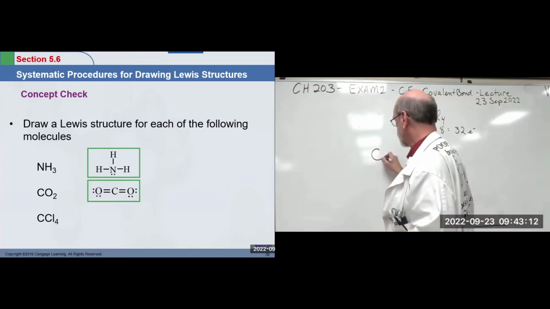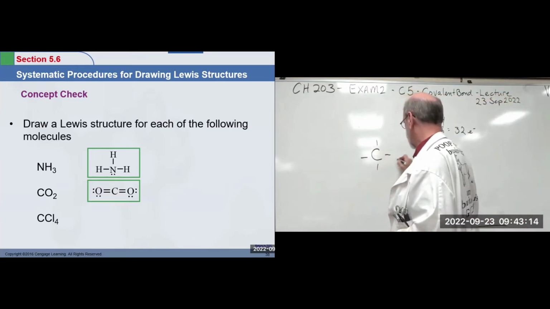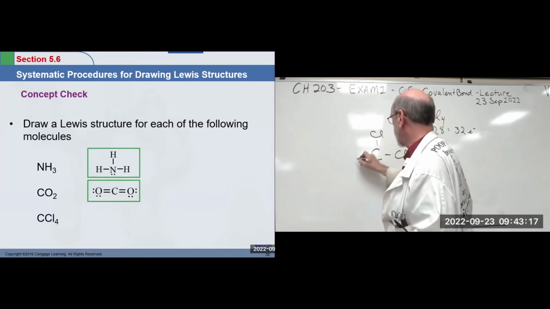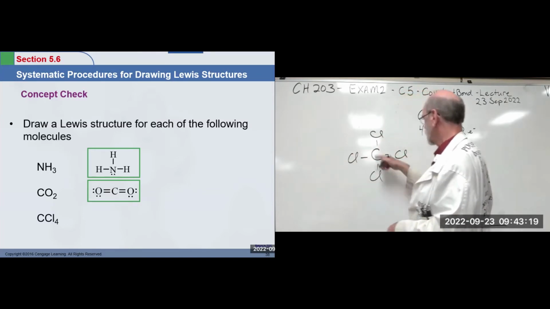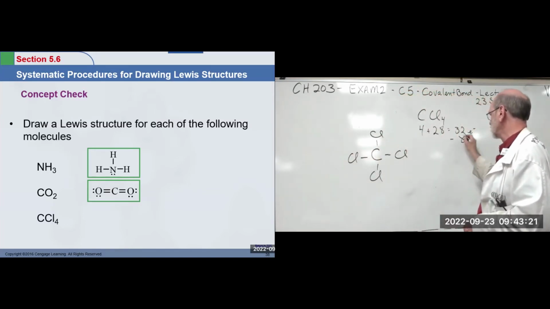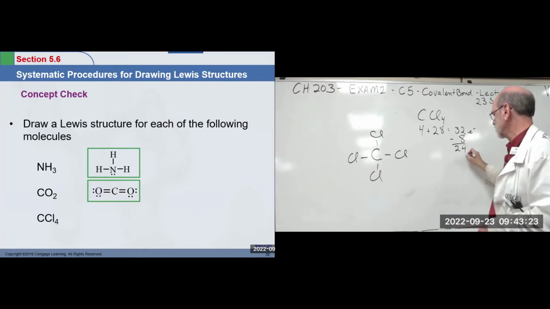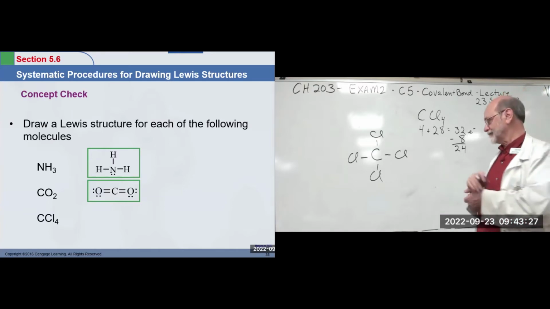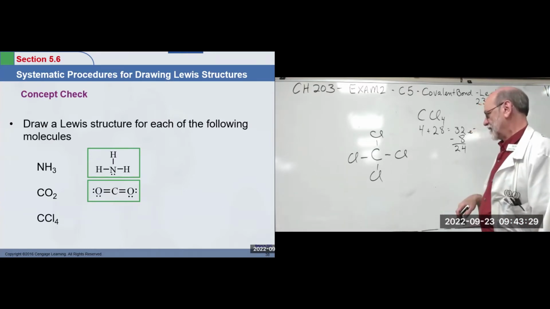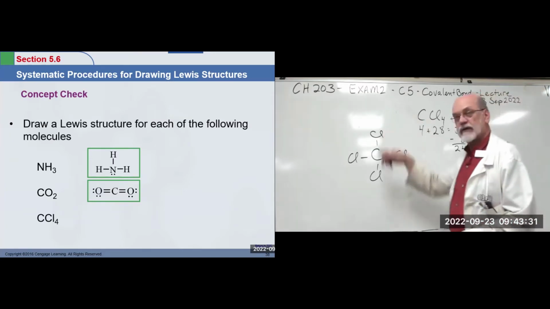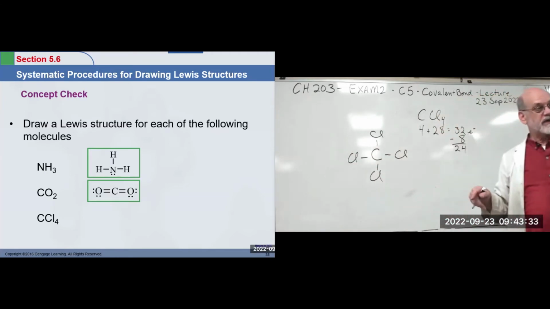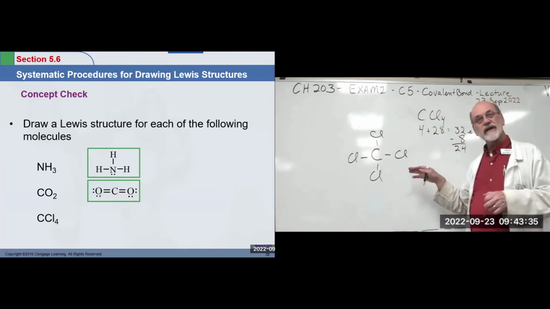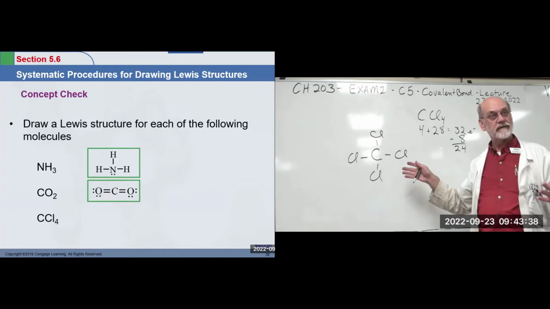So we have carbon, and 1 bond for each chlorine. 2, 4, 6, 8. Okay, so we have 24 electrons we have to position. Now, we could go round and round, or we could say, how many does each chlorine need to make an octet?